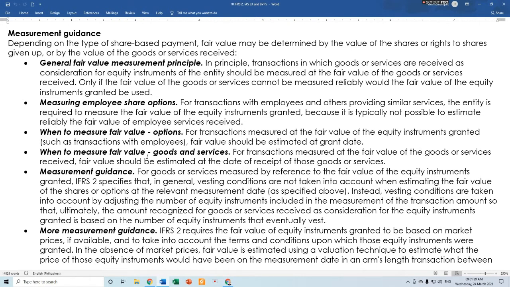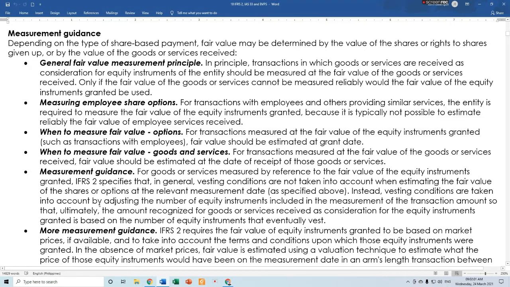That will be the basis of our fair value. Okay? Discuss natin mamaya kung paano kukunin yan. Next tayo, when to measure the fair value naman in case of goods or services. So, ang nakalagay, fair value should be estimated at the date of receipt of the goods or services. So, kung kailan mo na-receive. Okay, wala namang problema doon.